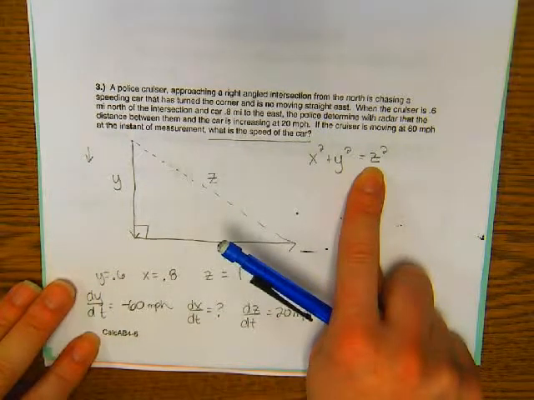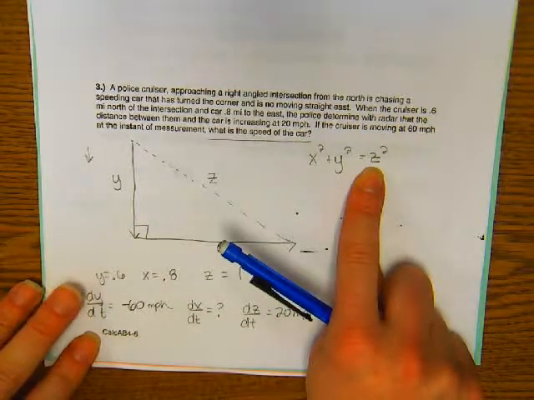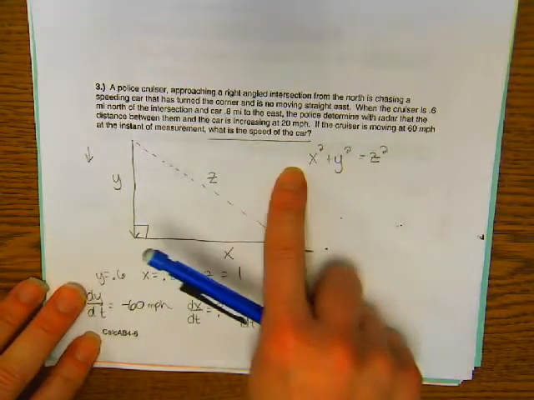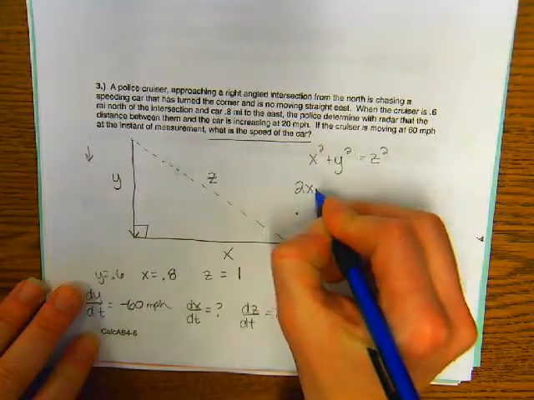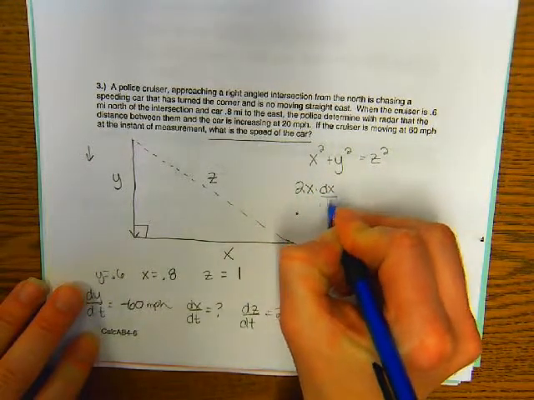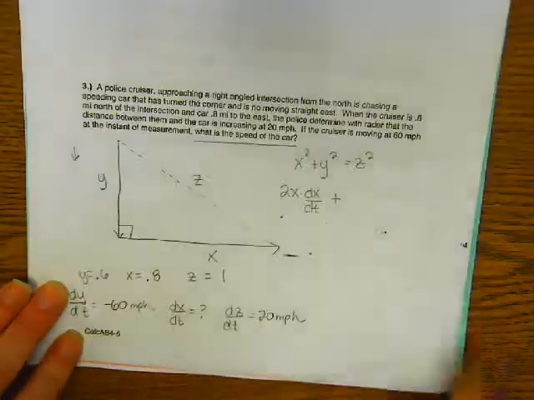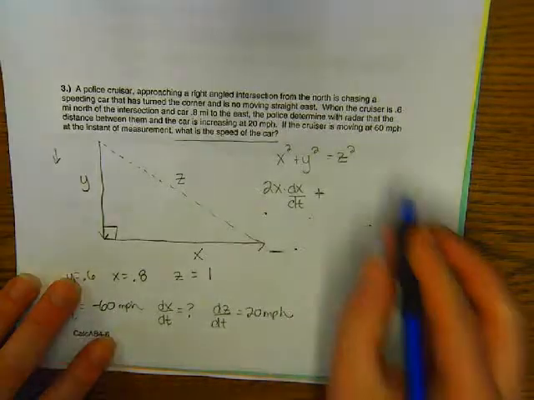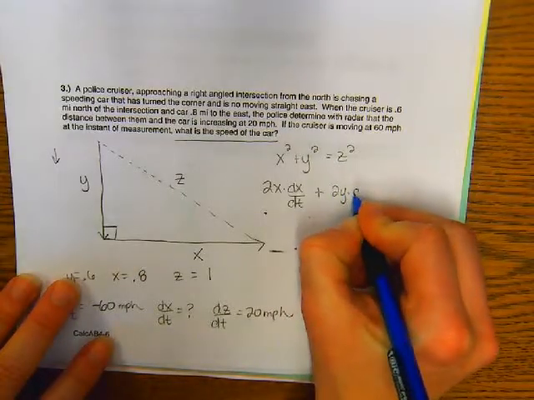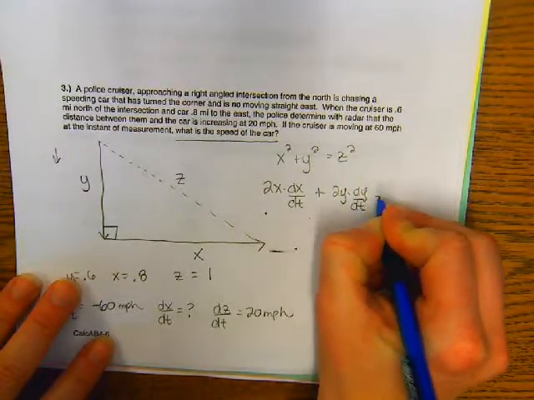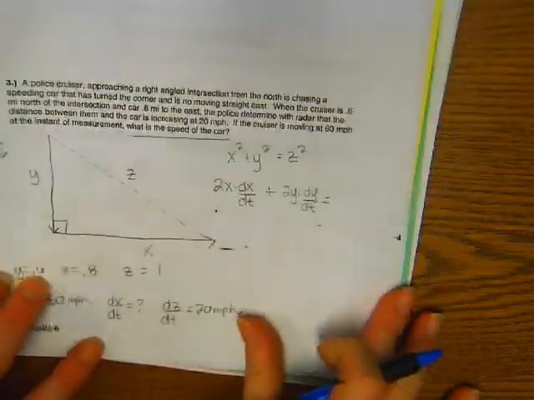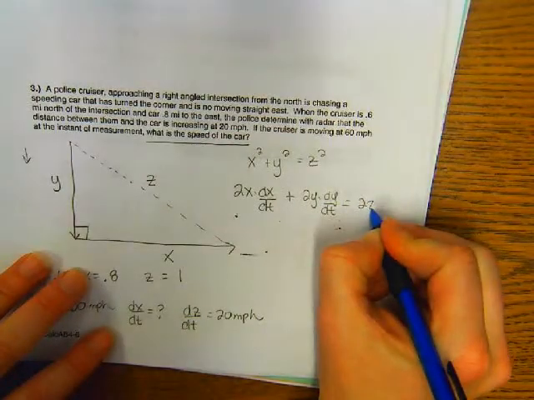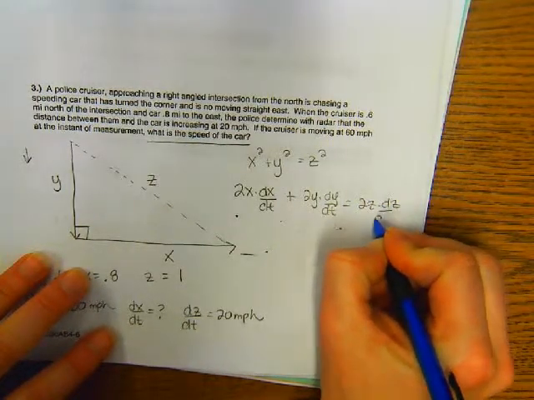How would I take the derivative of this side? 2x, good, dx/dt, plus 2y dy/dt equals 2z dz/dt.